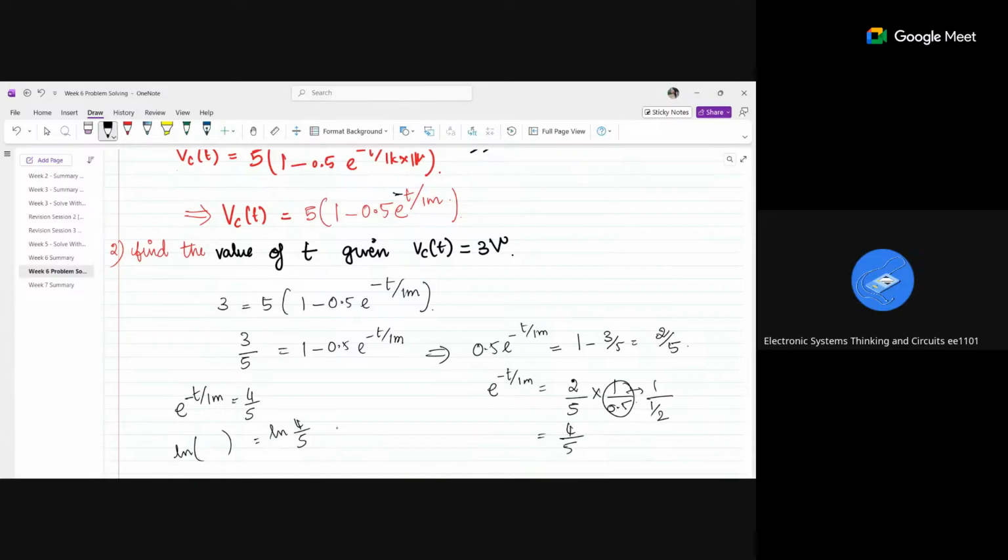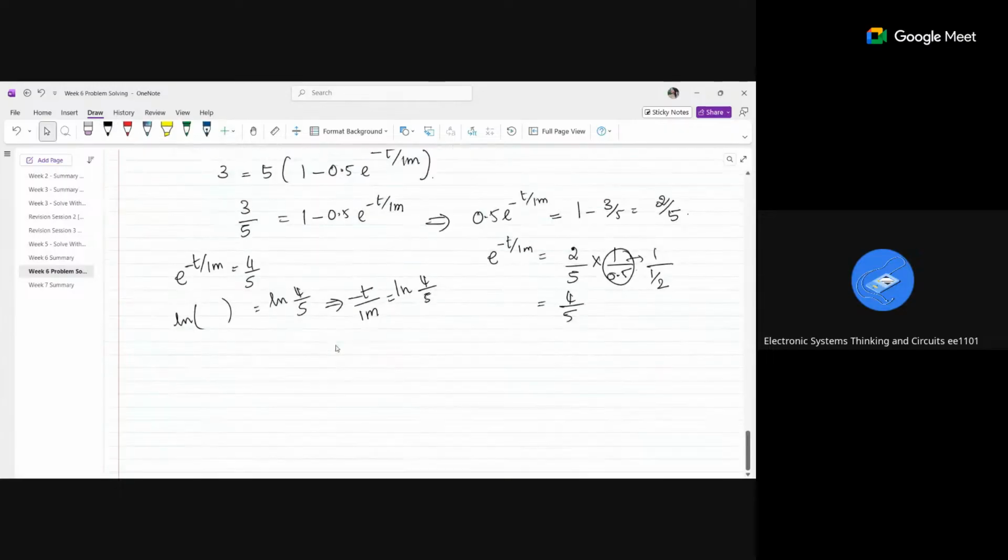Ln and e will get cancelled. So minus t by 1m is equal to ln 4 by 5. Minus t equal to 1 milli ln of 4 by 5. So you will get ln 4 by 5 in some negative values, right?